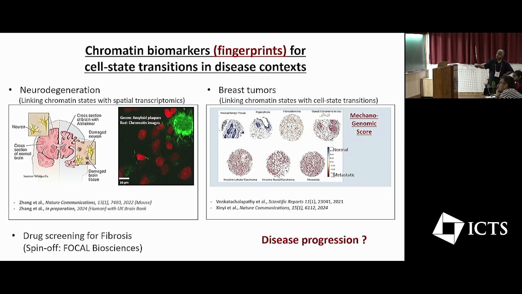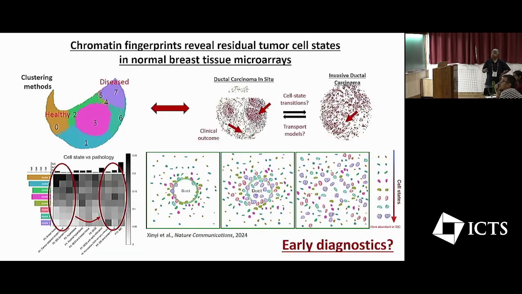So now by just learning the features of the chromatin state, we can actually start saying which cell is going to switch its state from healthy to a disease state, and what is the spatial reorganization that happens in these tissues. So as an example, we now pushed this quite a bit.